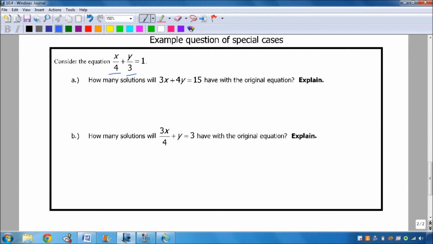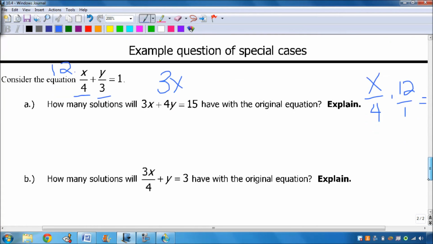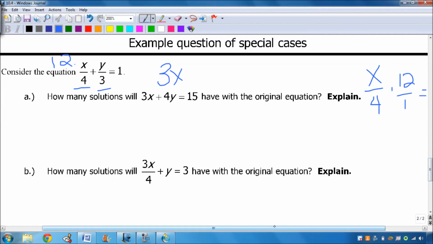So when I multiply this x over 4 by 12, let's do this on the side. x over 4 times 12 over 1, you get 12x over 4, which gives you 3x. Then I'm going to do the same thing to this next term, y over 3, and multiply that by 12 as well.